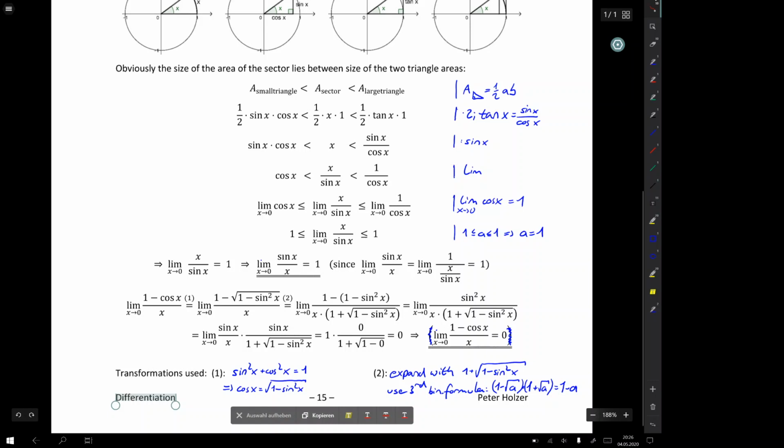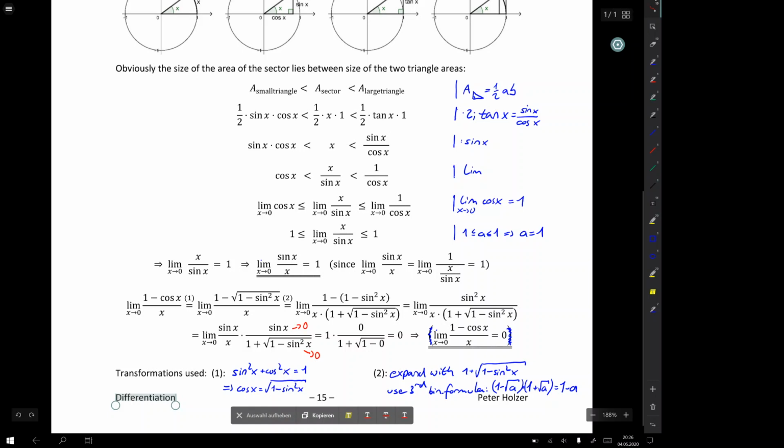And now how do we get this here? Well, what do we know here about the sine of x and the sine squared of x? They both go to 0. And what do we know about this expression, sine of x divided by x? That's what we just proved a minute ago.